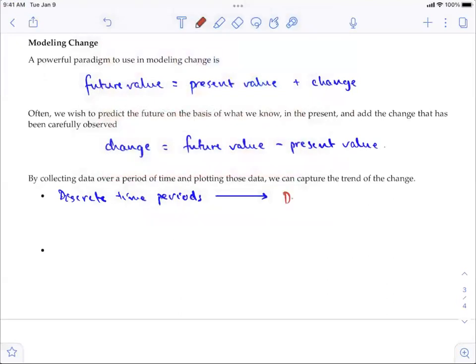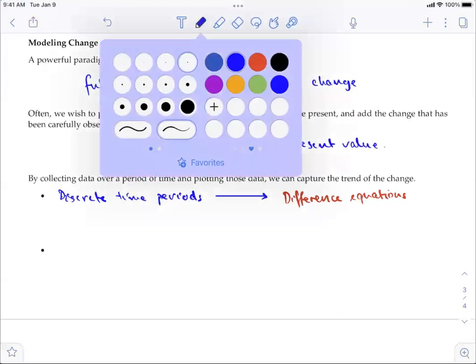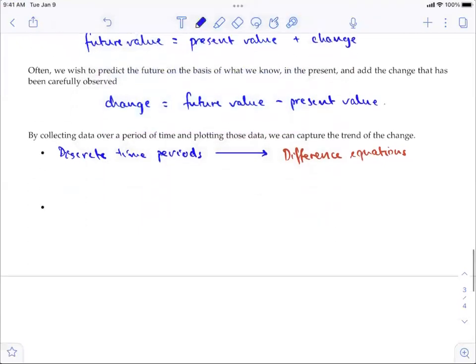For difference equations, we're going to do a lot with sequences. The second type of model that we're going to look at is continuous change, and we're going to use something called differential equations.